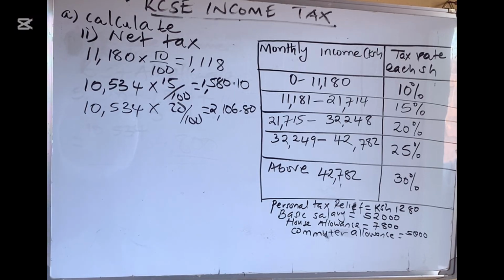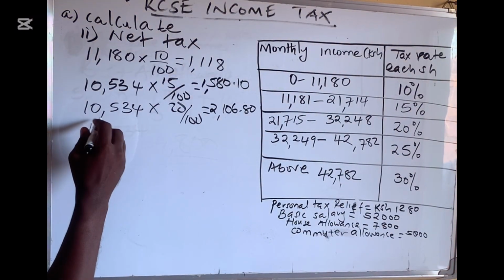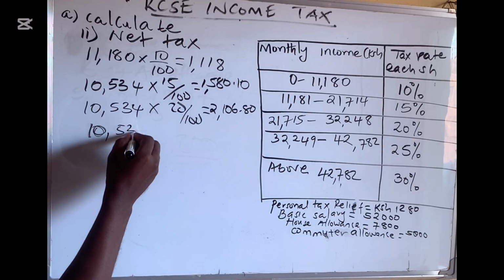So what you're going to do now is proceed to the fourth band, and to know the amount you're taxing, you always have to subtract the highest amount in the previous band from the highest amount in the current band. So now we are in the fourth band. The highest amount is 42,782. Then we subtract 32,248, and that will still give us 10,534.